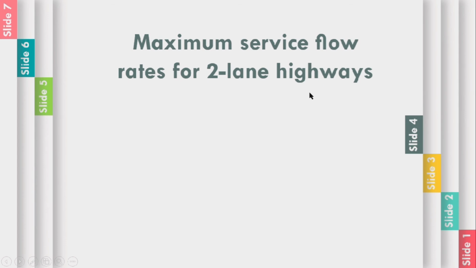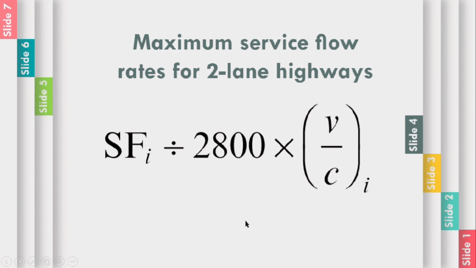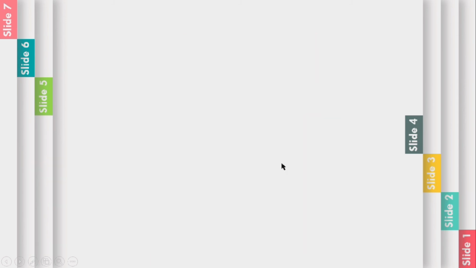If one adjusts this value by a ratio of flow to capacity consistent with the desired level of service, the following formula for service flow is obtained, kung saan ito ay service flow divided by 2,800 times parenthesis V over C sub i. So, ito yung ideal condition.